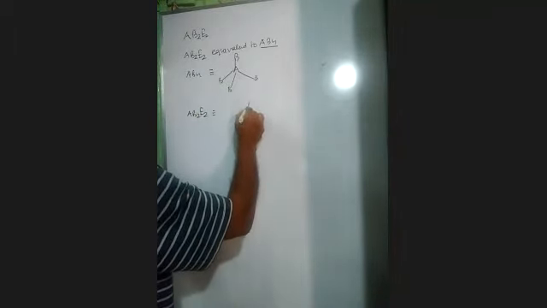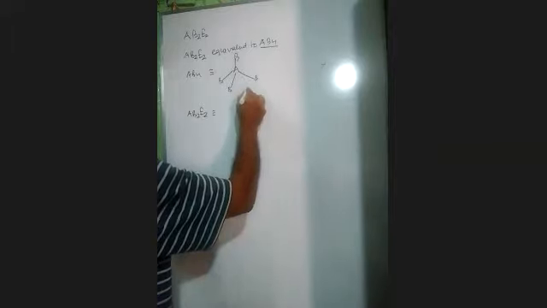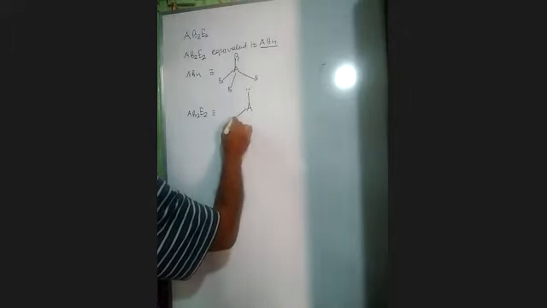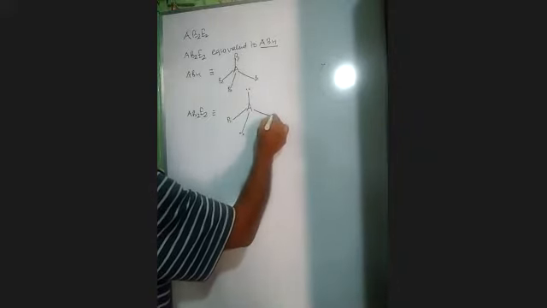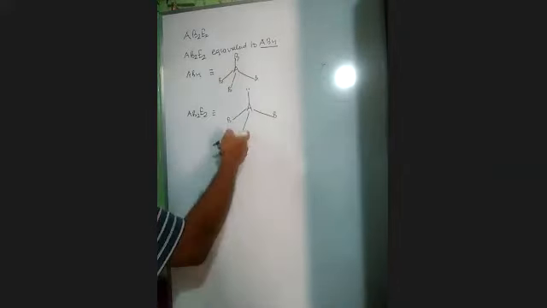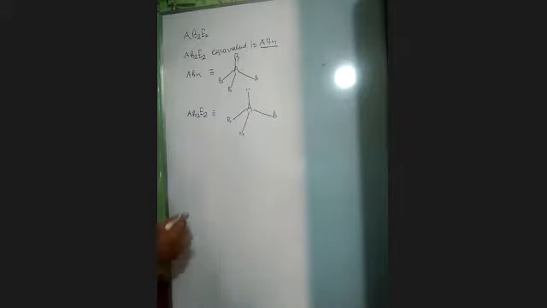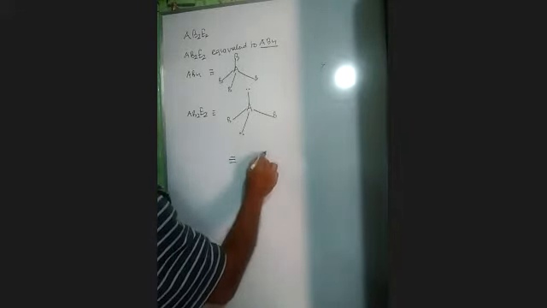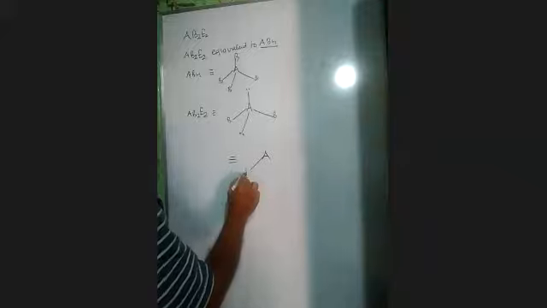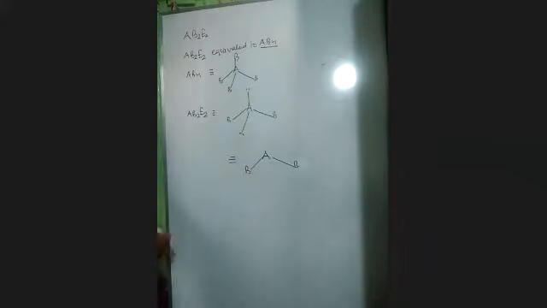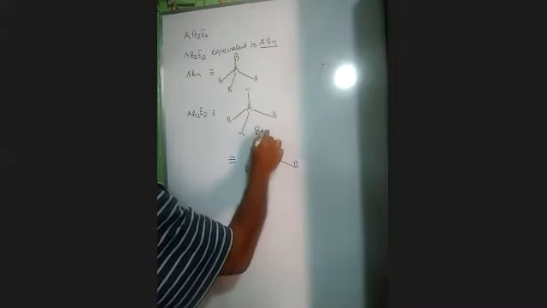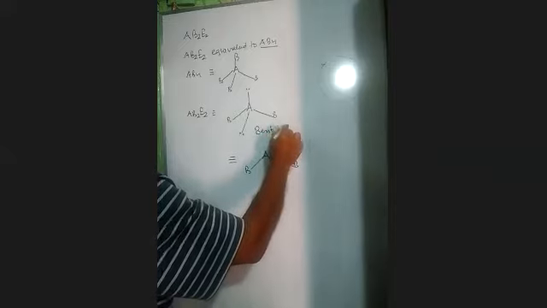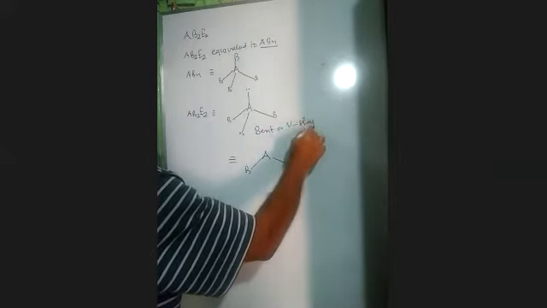It will be A, the lone pair, B, this is the lone pair, B. See, these two will not be visible. Then how will it look like? It will look like this only. They are there, but they are not visible. So how will it look like now? It will be bent or V shape.